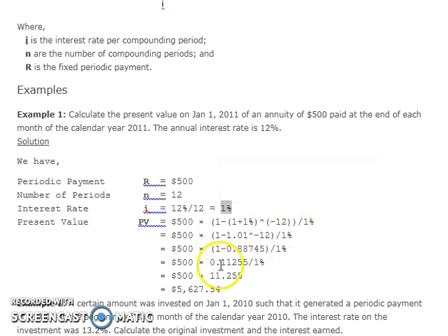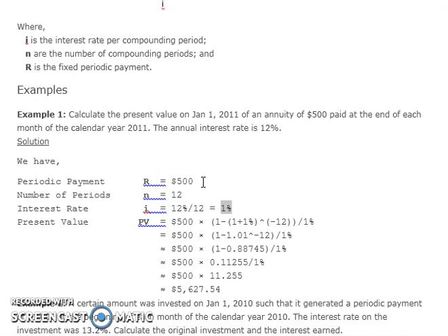With the help of the formula, we get the factor, which is 0.1125 divided by 1%, which is 11.25. When we multiply this factor by $500, it becomes 5,627. The amount you have paid at the end of each month is $500, and if you multiply 500 by 12, it becomes $6,000.